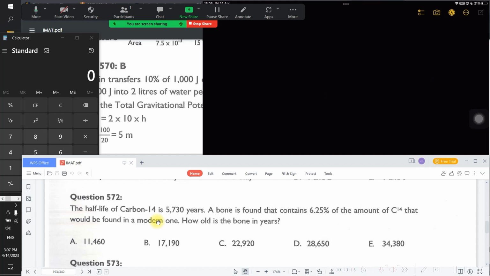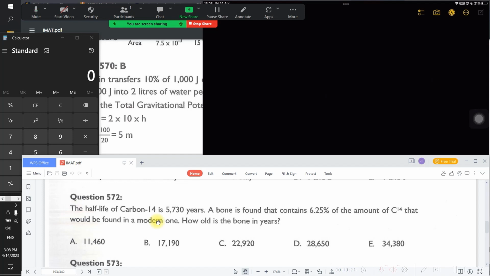The half-life of carbon-14 is 5730 years. A bone is found that contains 6.25% of the amount of C14, the carbon that decays. So C14 is the one that will decay, right?